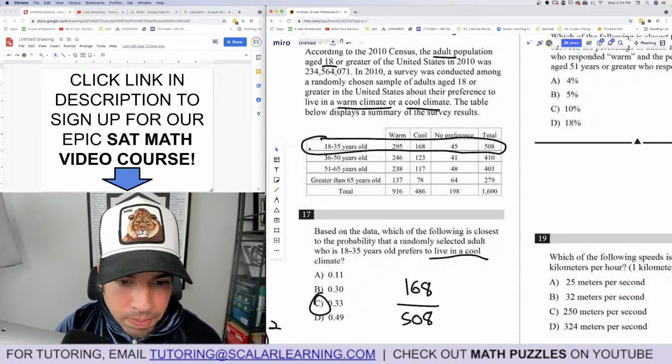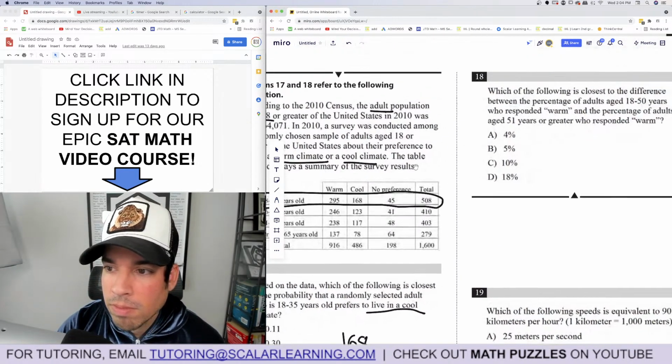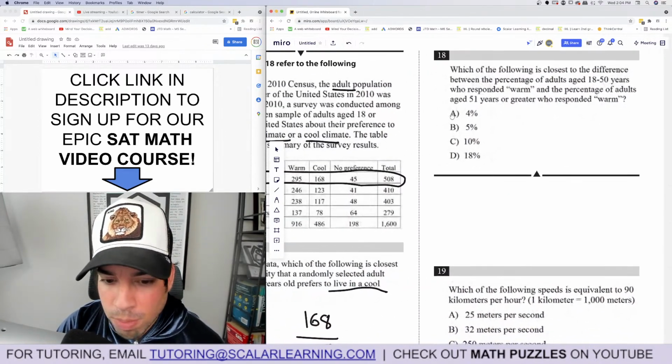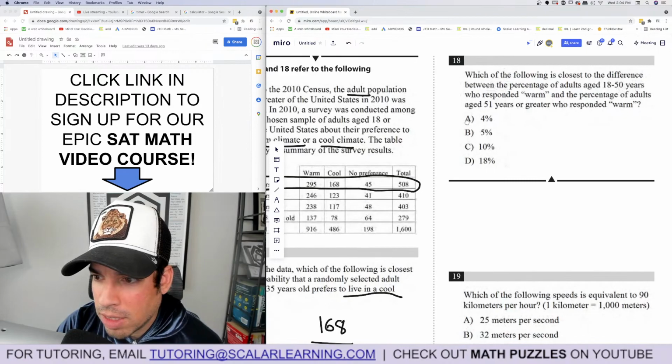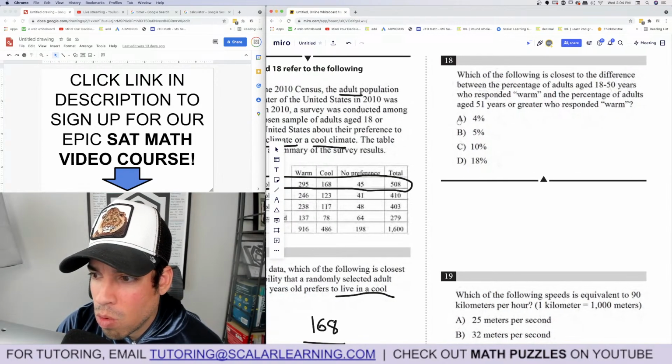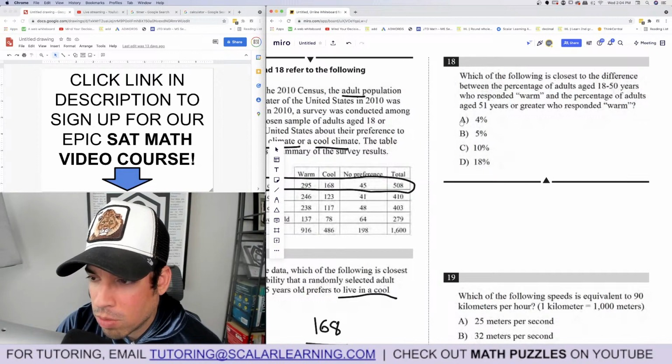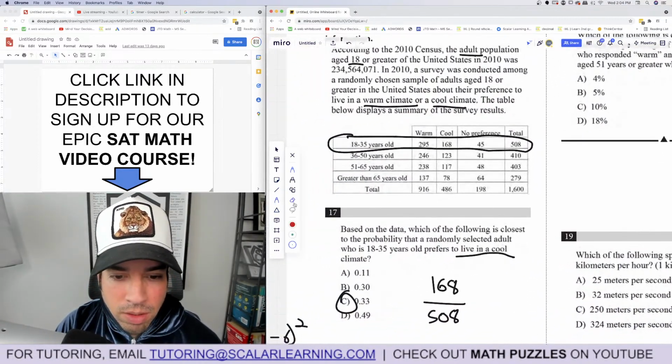All right, cool. Which of the following is close to the difference between the percentage of adults aged 18 to 50 who responded warm and the percentage of adults 51 or greater who responded warm? Okay, so again, let me get rid of this.